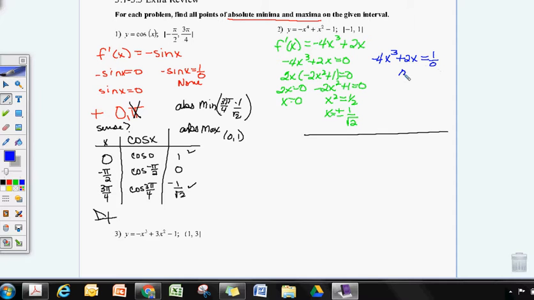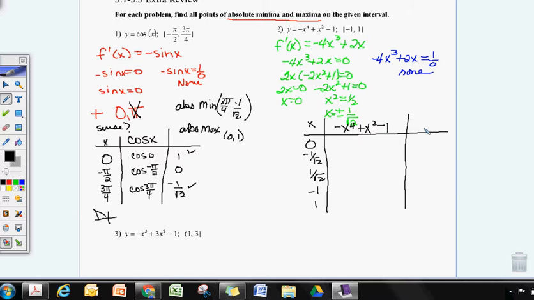And you get none. Okay, so now back to my little chart here. I'm going to make my x's and my y's. I am going to check x values of 0, negative 1 over root 2, positive 1 over root 2, and I'm looking at my interval also of negative 1 and positive 1. So I am plugging it into the original, negative x to the fourth plus x squared minus 1.